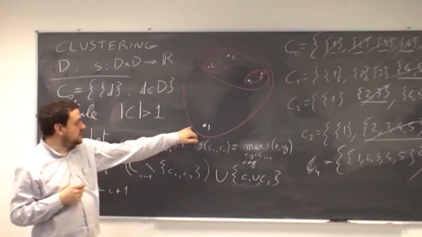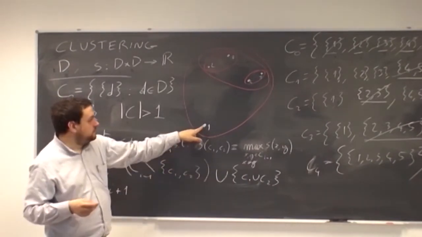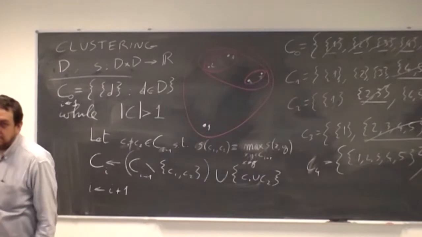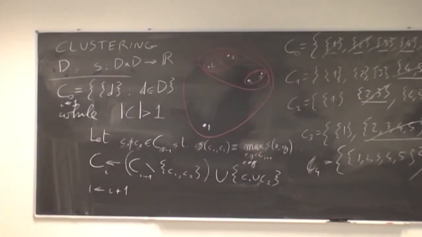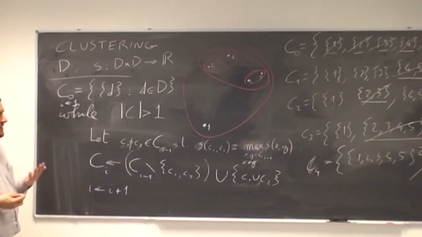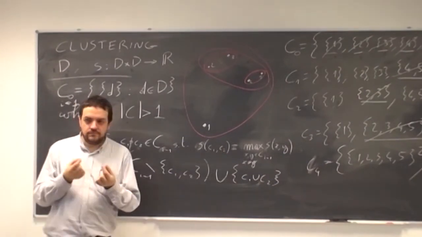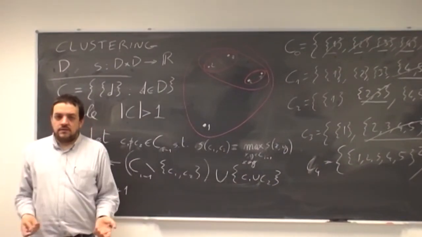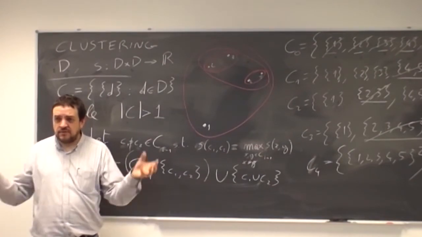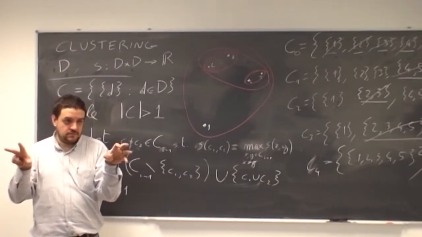So in the set of items, or if these are documents, it might be their Jaccard similarity, for example. So we have always defined the similarity between two objects. We must extend the definition of similarity between sets of objects.